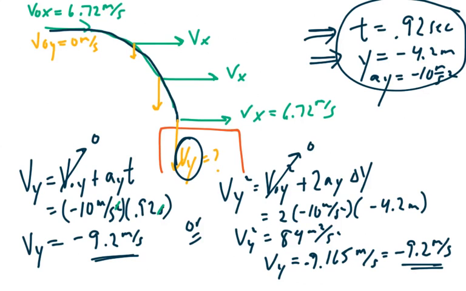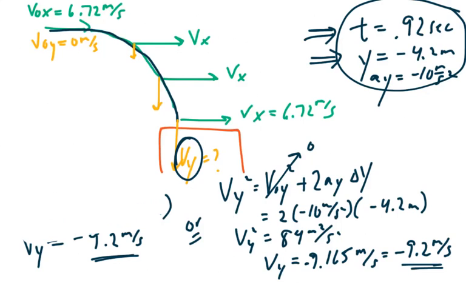From here, we can now take a look at what the x component and the y component look like together. If you have two components that are perpendicular to each other, we can add them together. I'm just going to erase this so I have room here. Let's do a little sketch.